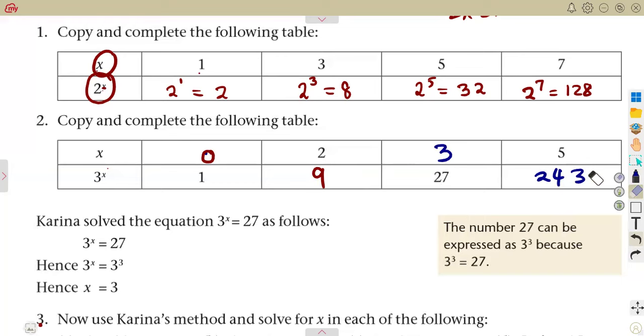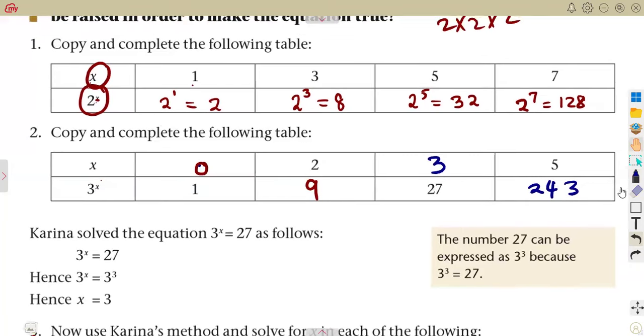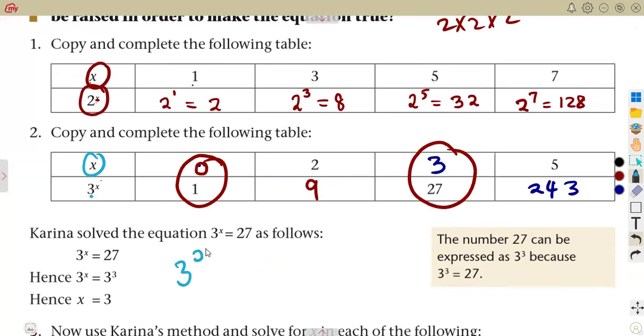So they can give you a question under a table like this. But as we saw, in this case you are back to the solving of the equation, because you do not know the value of x, but you know that 3, when raised to the exponent of x, must give us the 27.